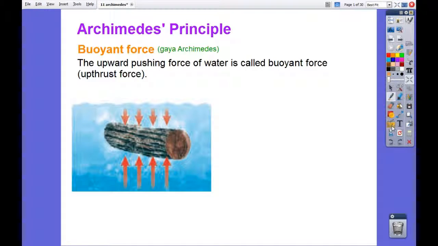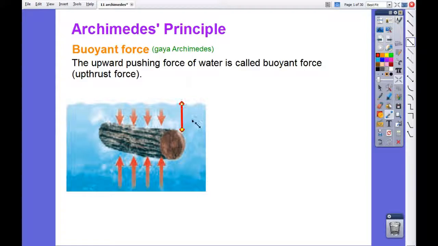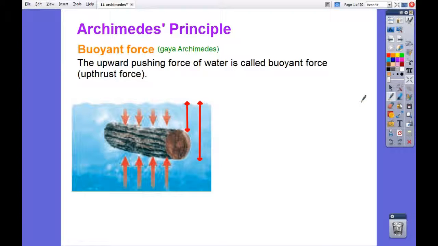Look at here, the pressure at the top and at the bottom of this log will have different values. At the top of the log, the pressure is lower. Why? Because it has the shallow depth. So this is H1 and this is H2.